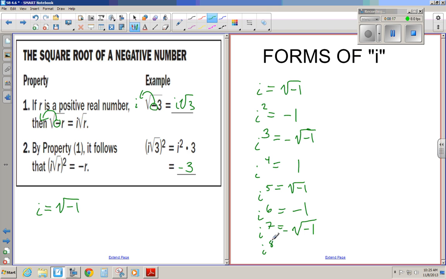And i to the 8th is 1. So what you can see here is a pattern. Basically, every multiple of 4 is a positive 1.